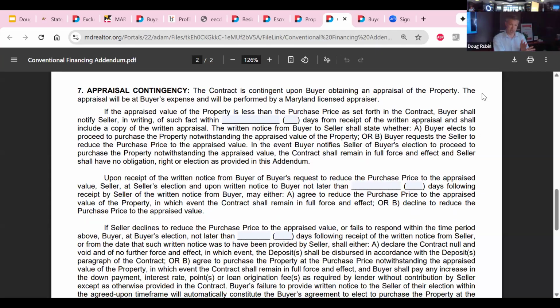I think the answer is no, because we're still talking about the overall value of the property. If you're saying it's worth 500, but the bank is saying it's worth 450, it's common sense. Just because you have extra cash available somewhere, they can't force you to pay more than it's worth. That's the position the lender is going to take. Okay, thank you.